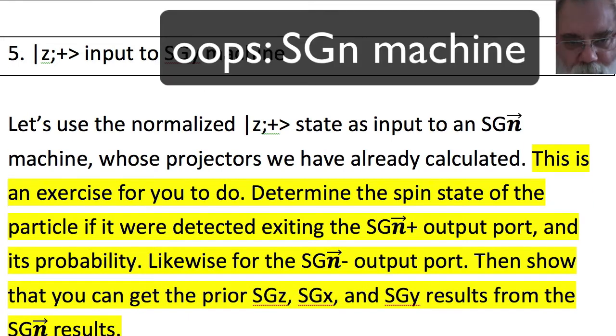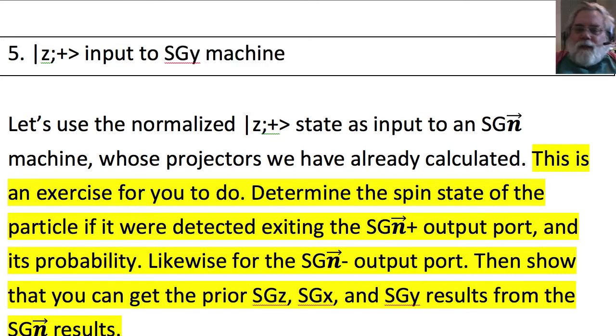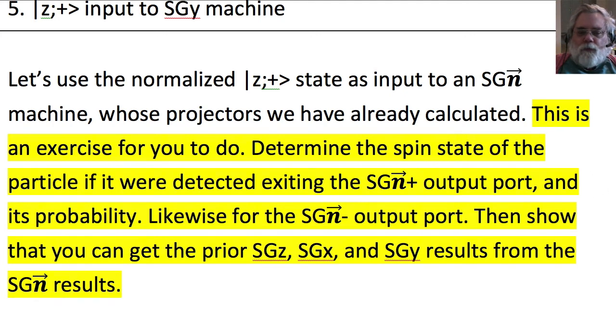Experiment 5. Let's use the normalized z plus state as input to an SGN vector machine. We already calculated those projectors. Now this is an exercise for you to do. I'm not going to do it.